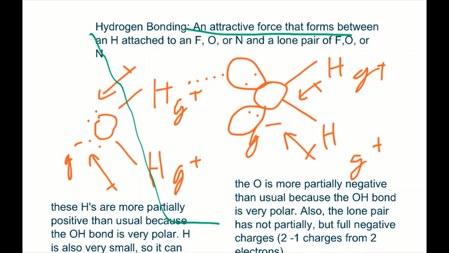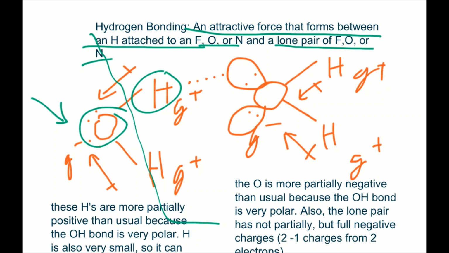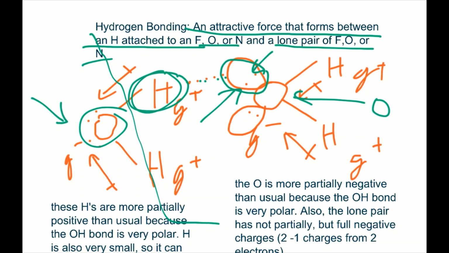It is an attractive force that forms between an H attached to an F, O, or N and a lone pair of F, O, or N. So in this example, we can see that there's water, which has an H attached to an O, and a lone pair of F, O, or N, and in this case, it's another water molecule, so that's an O with a lone pair, and there's an attraction between the H attached to the O and the lone pair on the O. And they are attracted because obviously this lone pair is negatively charged and this H is partially positively charged.